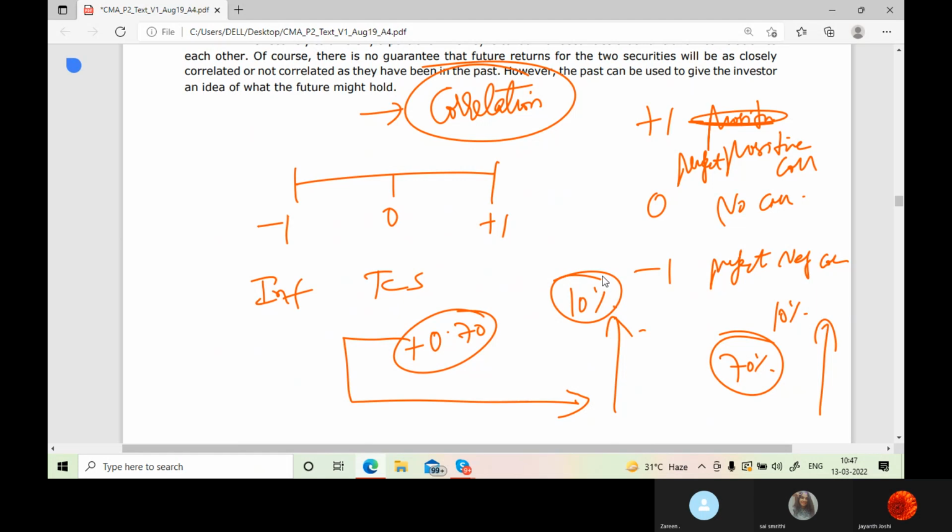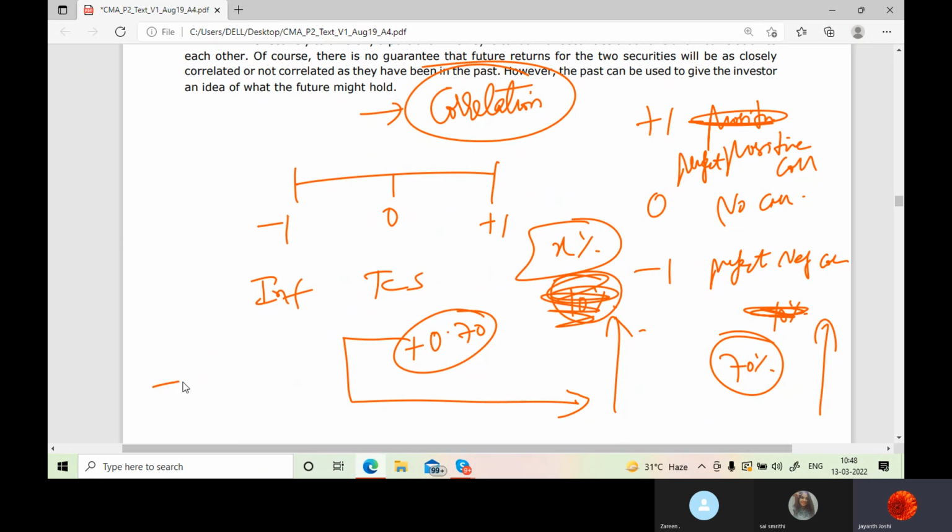So if Infosys goes up, let's not write the percentages here. Let's say some X%. If Infosys stock increases by some X%, there is a 70% chance that TCS stocks would also increase. I'm not saying by what percent, but it would increase.